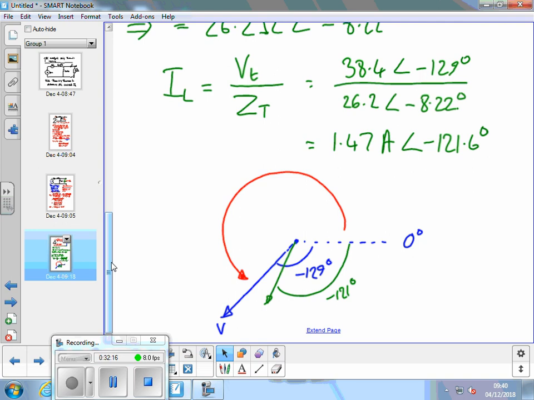Current's the green one, I. Current's leading the voltage, so overall it's capacitive.